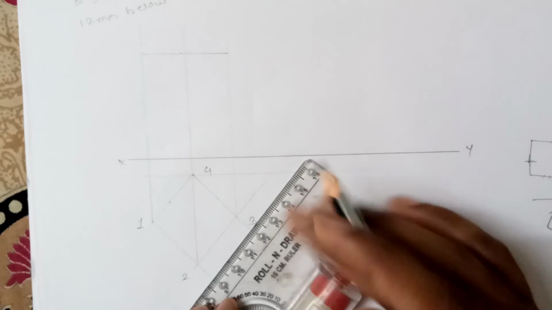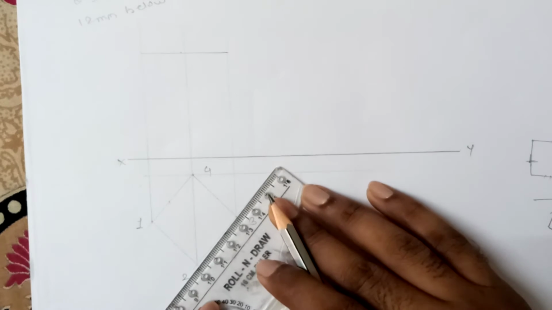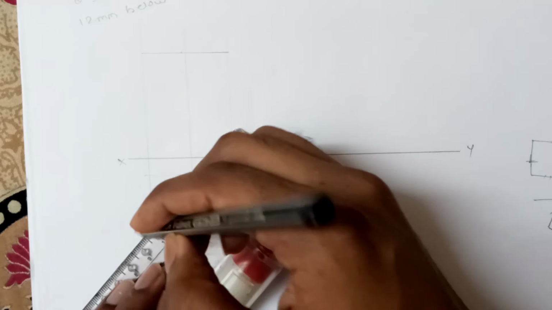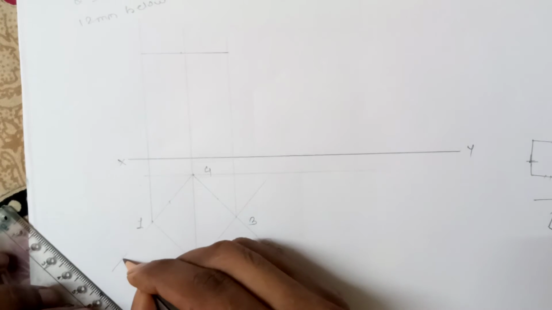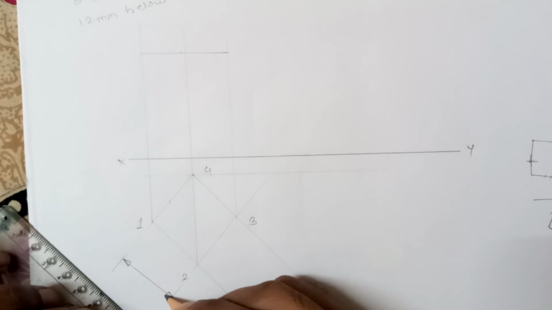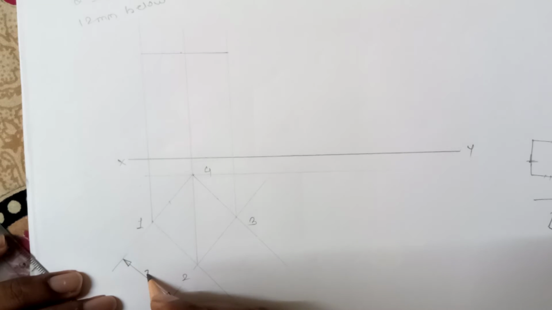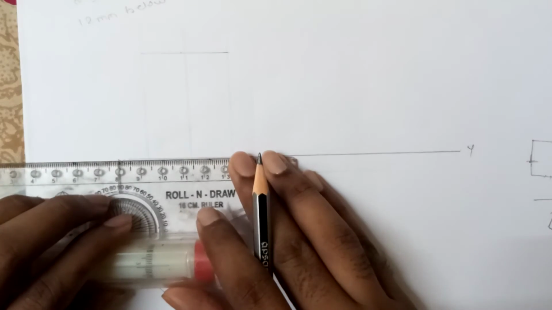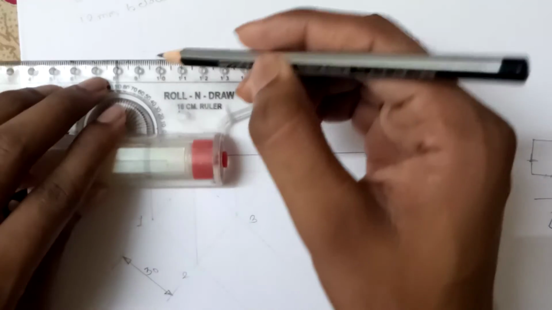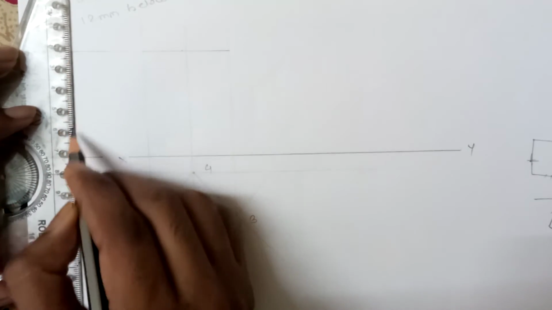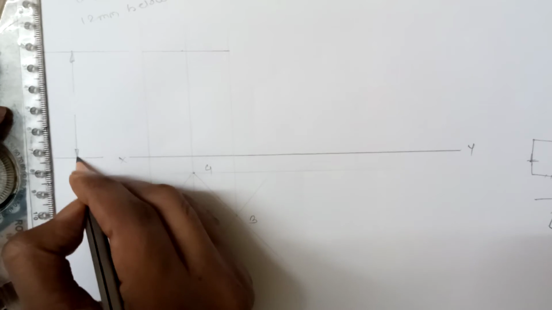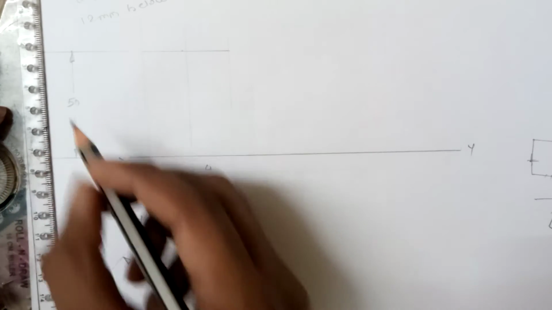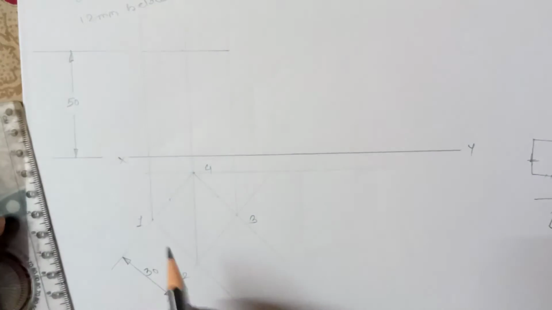I will give the dimension here, 30 mm, and on this side this one is the axis height. While drawing this arrowhead, make sure that this should be a filled arrowhead.